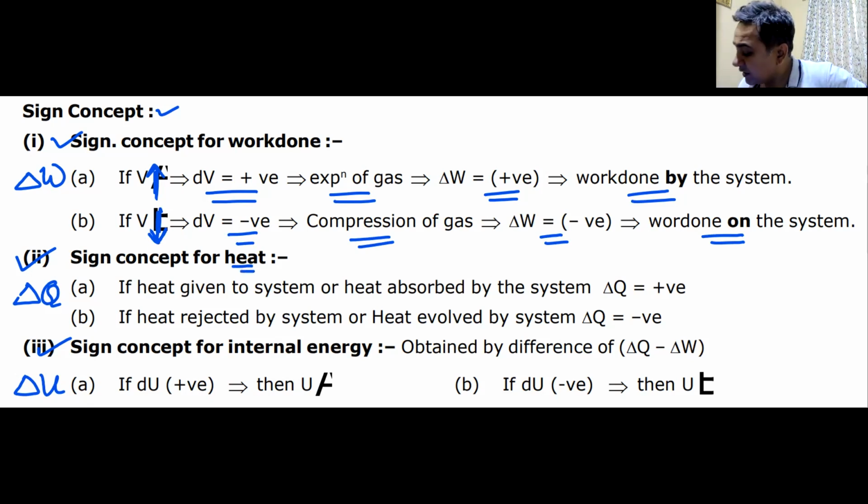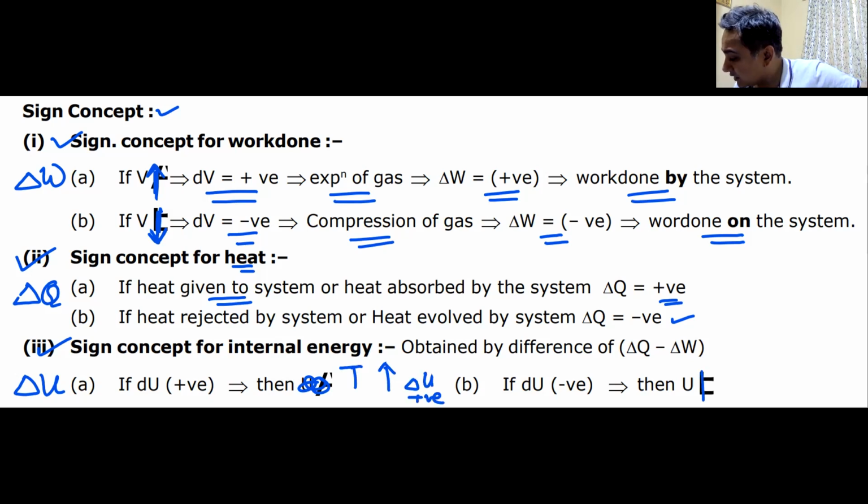Concept for heat: if heat is given to the system, absorbed, heat is like money. If you give me money, it is positive. If you give out money, it is negative. I've already told you that. Yes or no? Then if temperature is increasing, then delta U is positive.